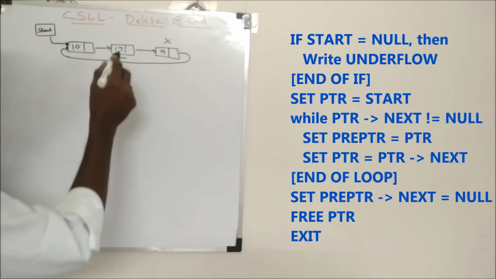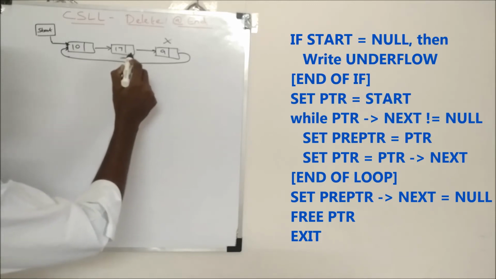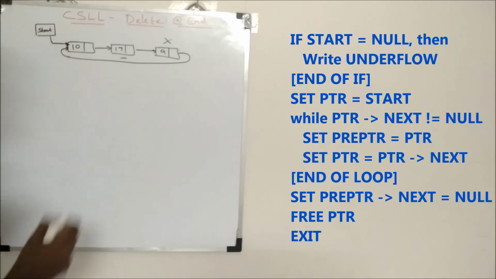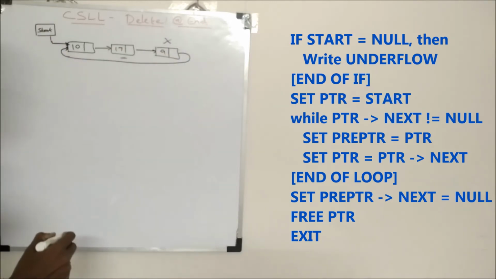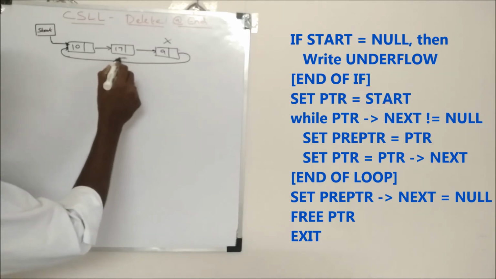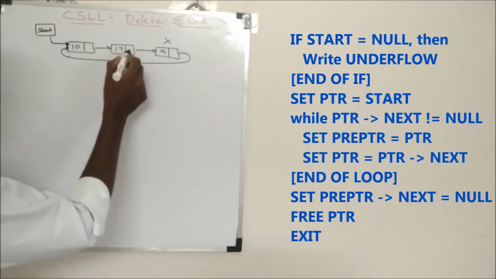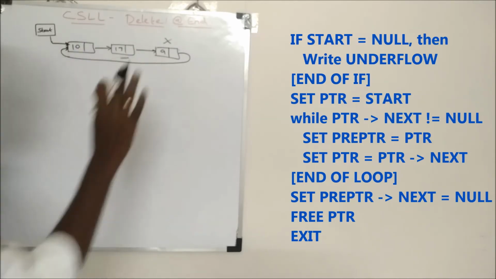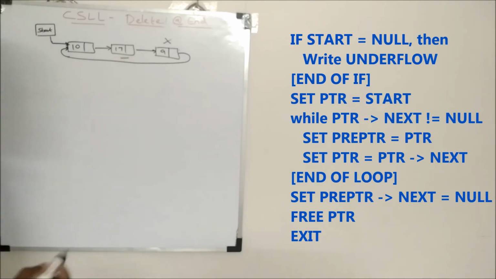Once I find it, if I link the next field of this node to start, our purpose will be over. Whereas in singly linked list, once we find the name of this node, we immediately make the next field of this node null. So here also the same change. Instead of null, I make it start.